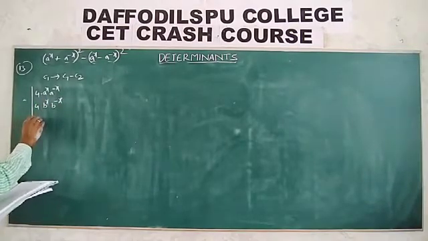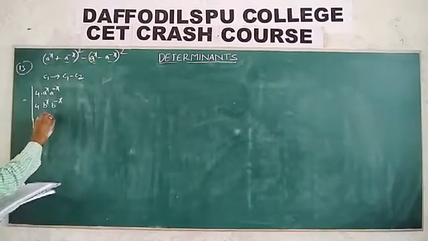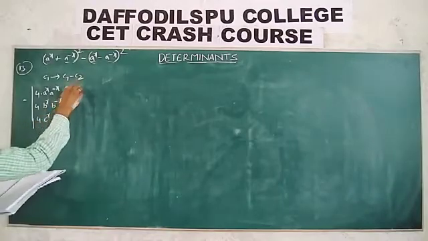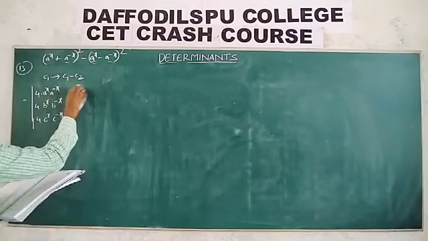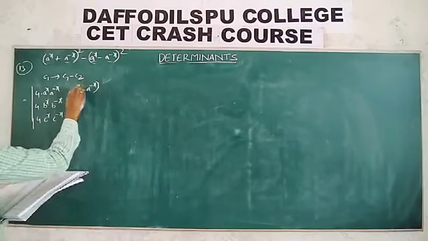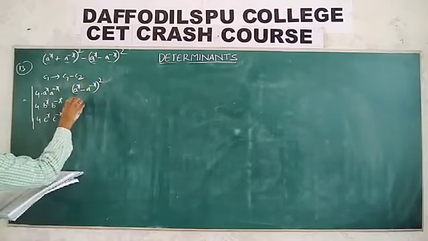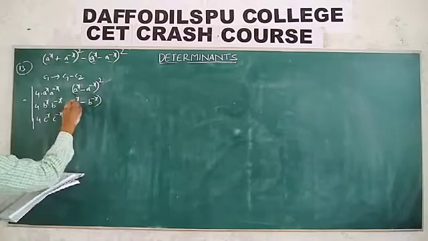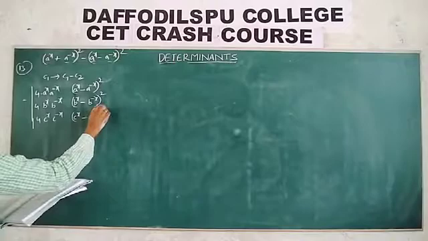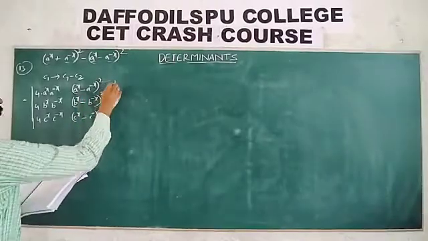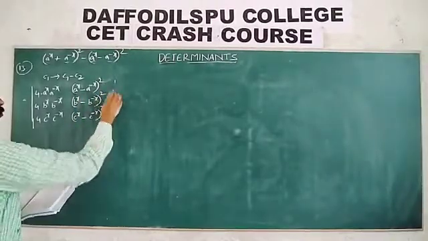Next, third element, 4ab. Second column elements as it is: a power x minus a power minus x whole square, b power x minus b power minus x whole square, c power x minus c power minus x whole square. Third column 1 1 1.